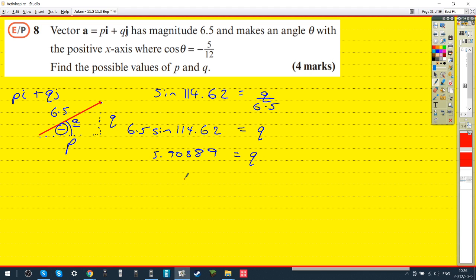Let's see, there is something to this though. Cos is negative. Oh yeah, it is.